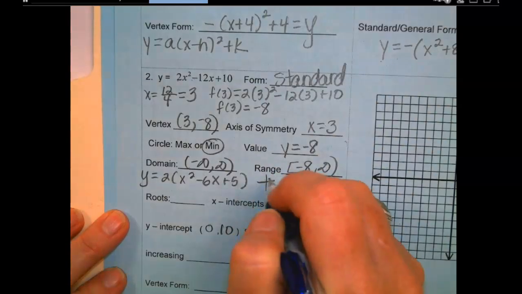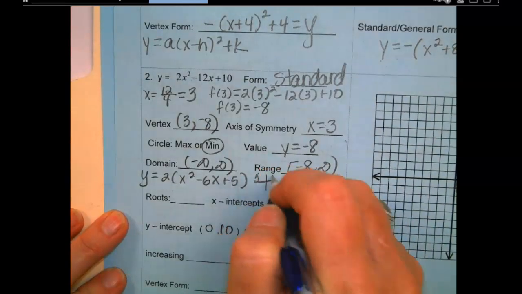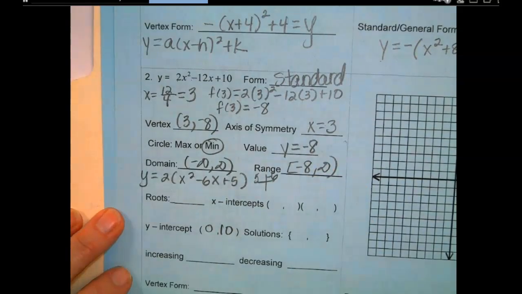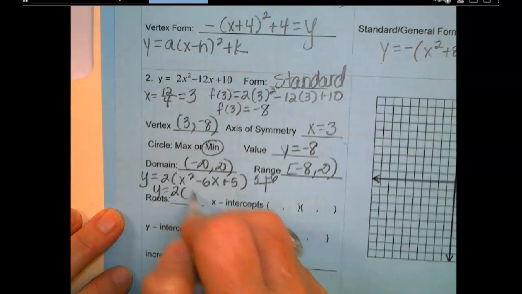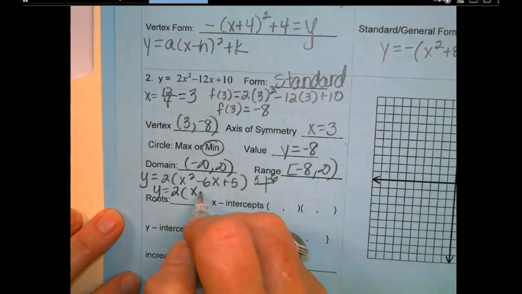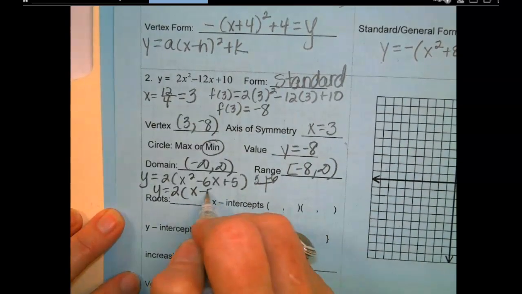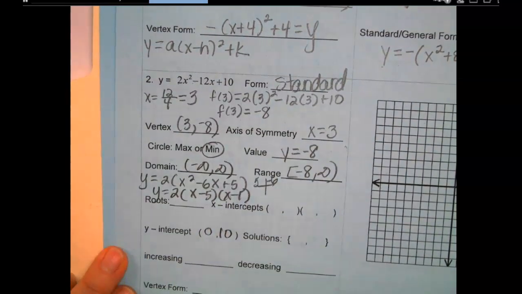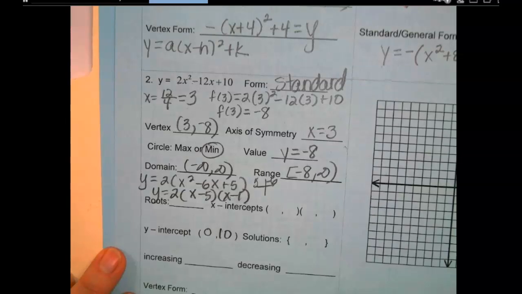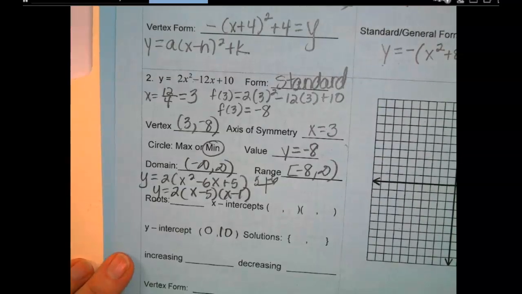My A times C is 5. My B is negative 6. So when I factor, it's 5 and 1.